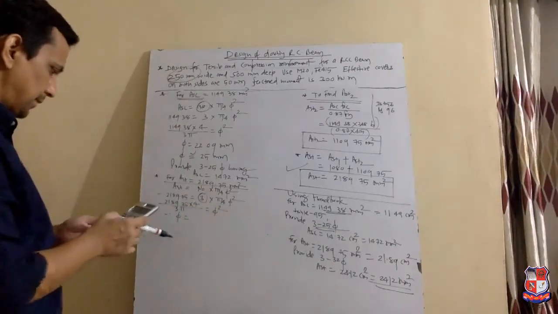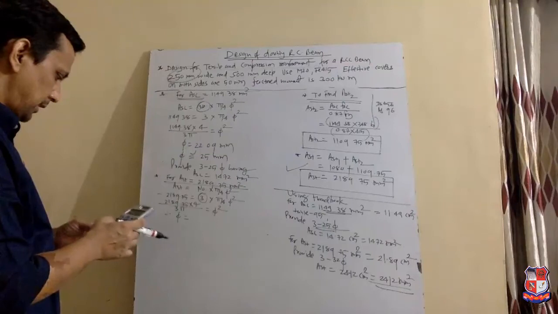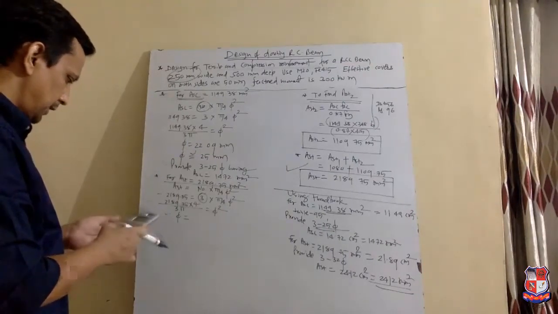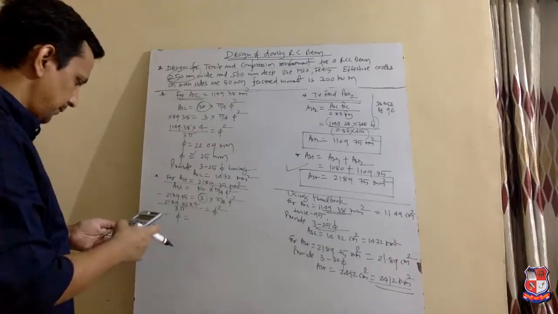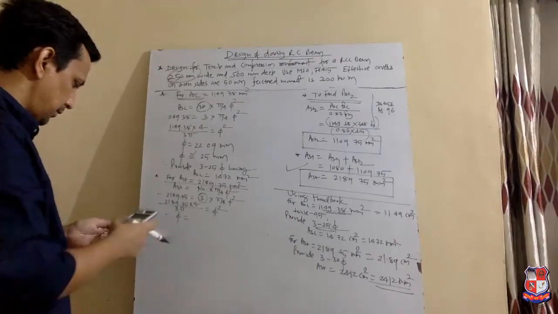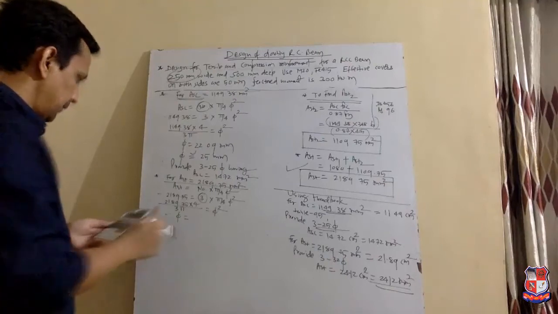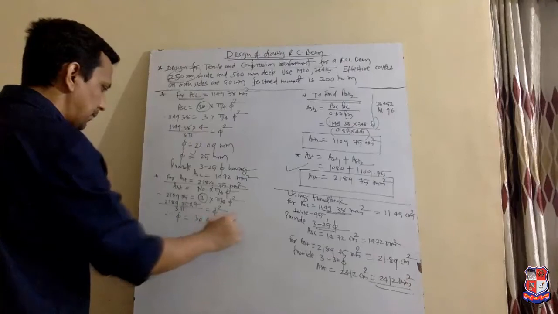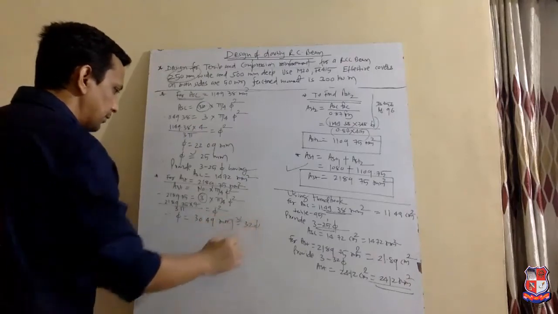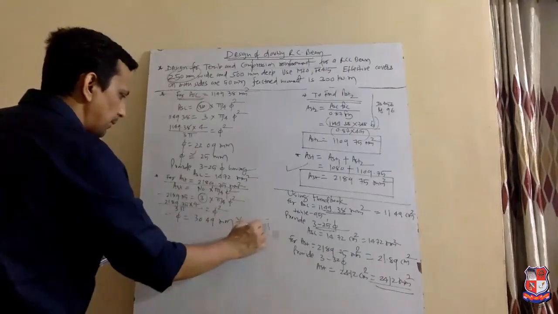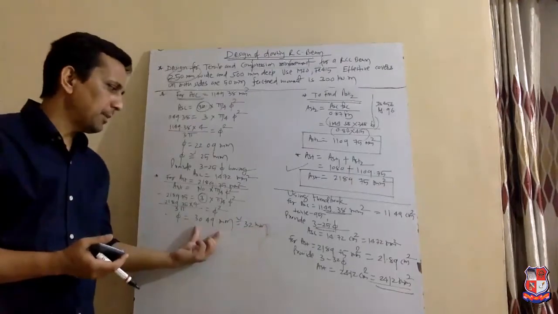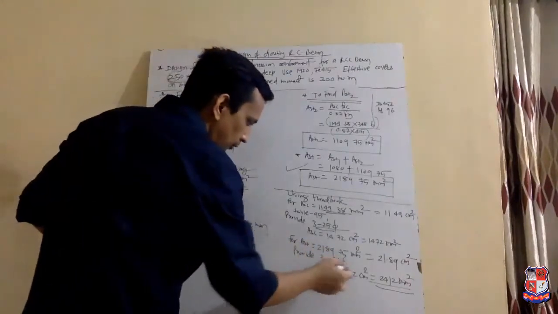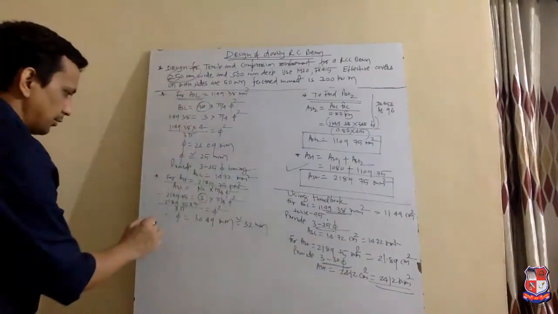Therefore, diameter is under root of 2189.75 into 4 divided by 3 into pi. The answer we get is 30.49 mm, which is nearly equal to 32 mm dia. Why? Because 31 mm dia is not available. Here using the handbook, we have also provided 3 number 32 mm dia.